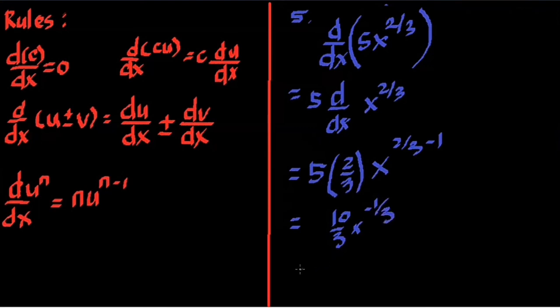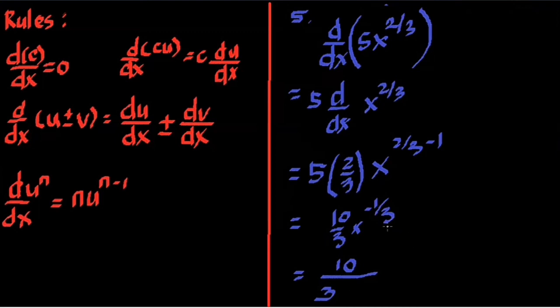And we could rewrite it again into 10 over 3, and so that it would become a positive exponent, we could bring it to the denominator side.